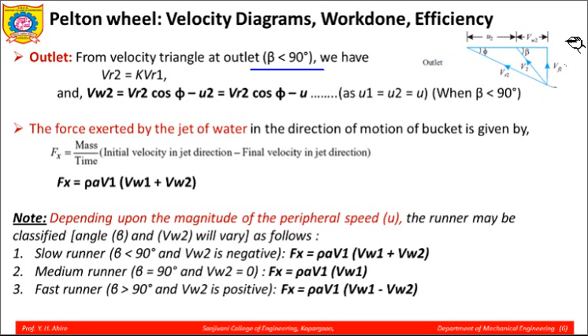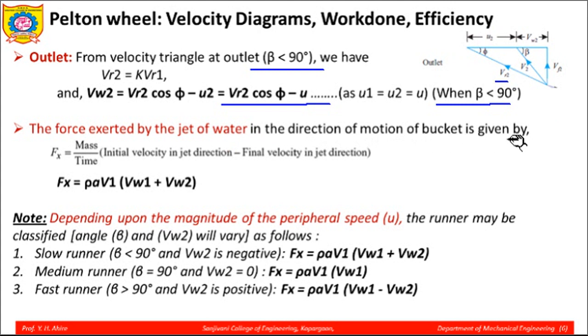So therefore Vw2, the whirl velocity at outlet, is equal to VR2 cos phi minus U2, that is also equal to VR2 cos phi minus U. This formula is applicable only when beta is less than 90 degree. So V2 vector is towards left.